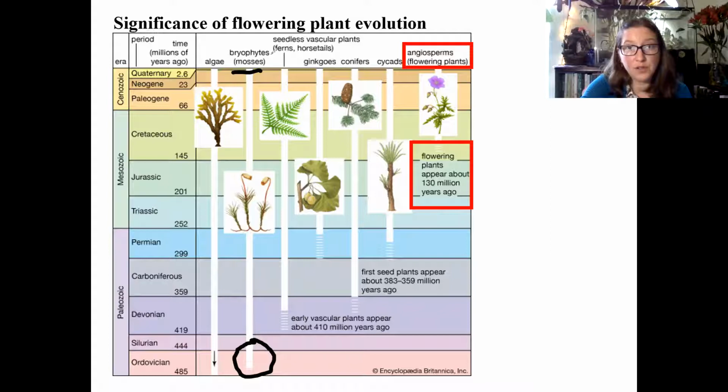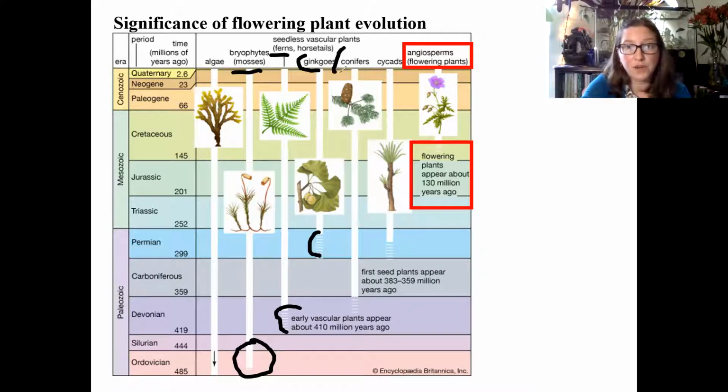Then you have your ferns, your spore shedding vascular plants. Those show up around 410 million years ago in the fossil record. Then ginkgo, which we learned about last class, one of the gymnosperms, roughly 280 million years ago, give or take.